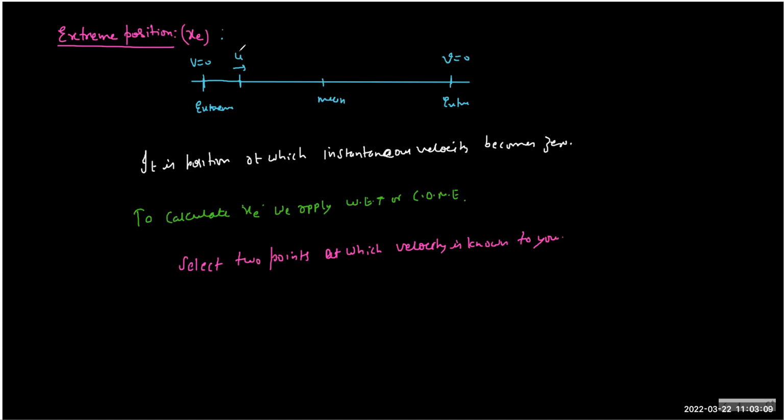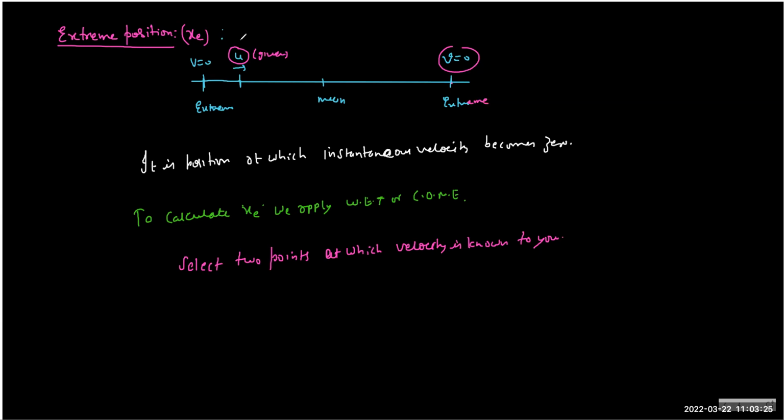So for example, I know this is the initial velocity given to us. And if this is the extreme position, then this must be 0. So because of the nature of the extreme position, we also know this answer.